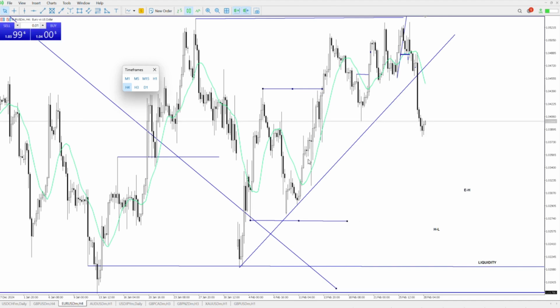Now we also have another low here, our higher high at this point too. Now leading to the highest point that was formed, which is at this point here, forming an equal high at this point.